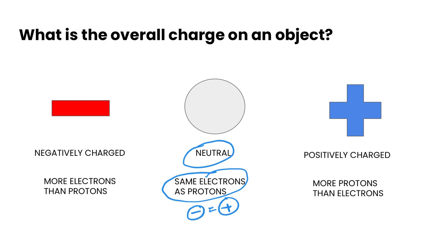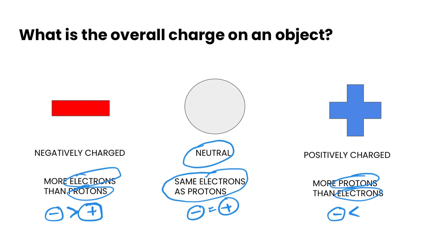If something is overall negatively charged, then it has more electrons than protons, or the negative charge is greater than the positive charge. For positively charged, it's the opposite: more protons than electrons, and the negative charge is less than the positive charge.